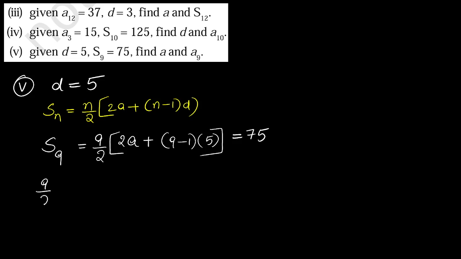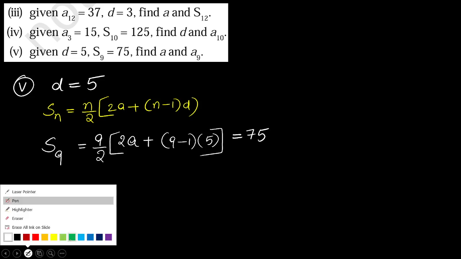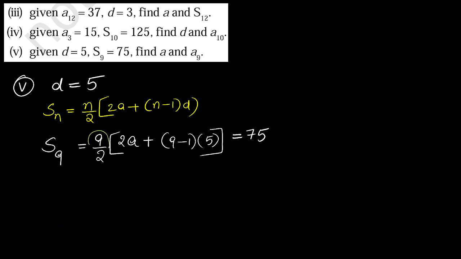So 9 by 2 into 2a plus, or you may do one thing. Some steps you can avoid. This 9 by 2 is there. Can I transfer this 9 by 2 to the other side? It becomes 2 by 9, the reciprocal. 9 by 2 was under multiplication, so if I transfer it to the other side, it becomes 2 by 9.